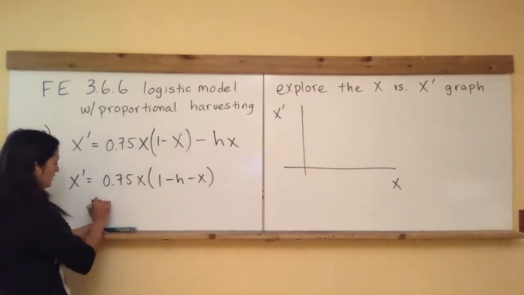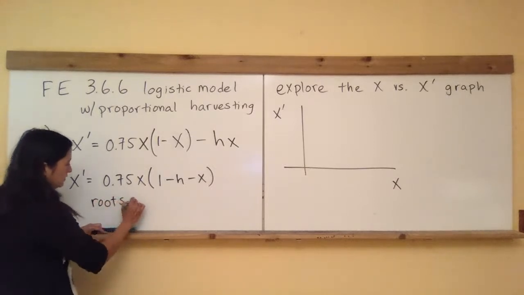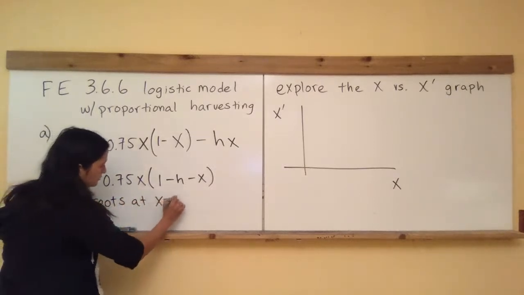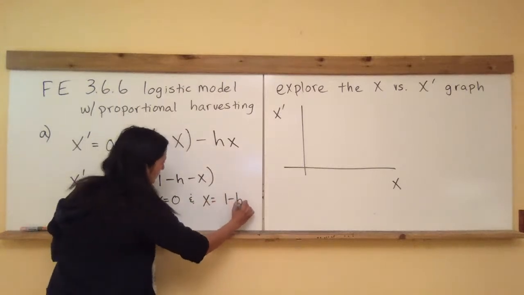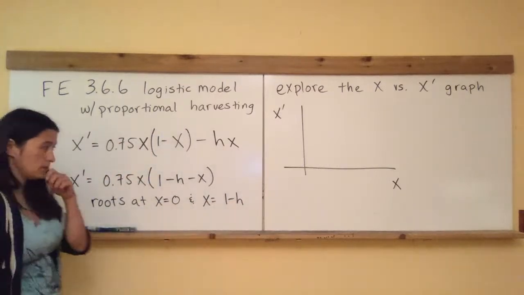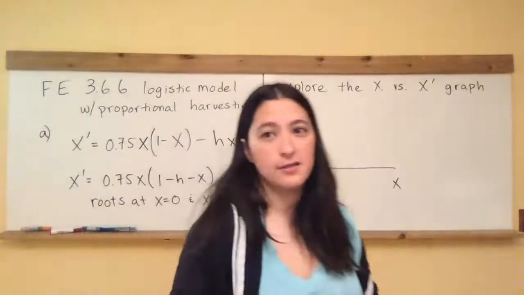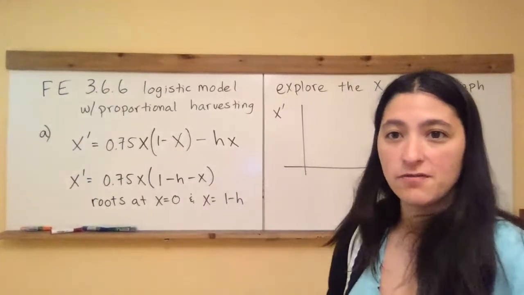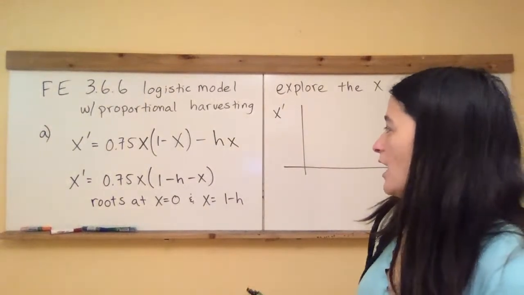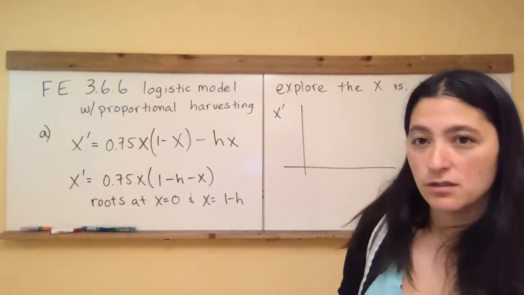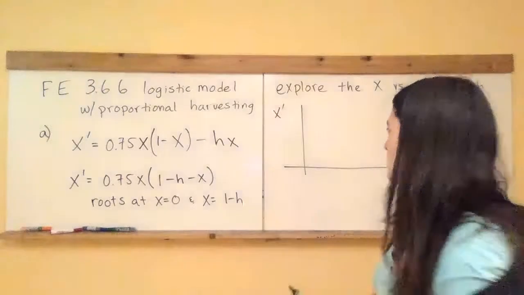So I can see that I have roots here at x equals 0 and x equals 1 minus h. And like all good logistic models, it's a down-facing parabola. So it's a down-facing parabola, and it has its roots at x equals 0 and x equals 1 minus h.